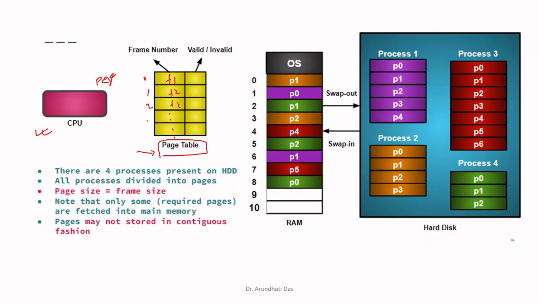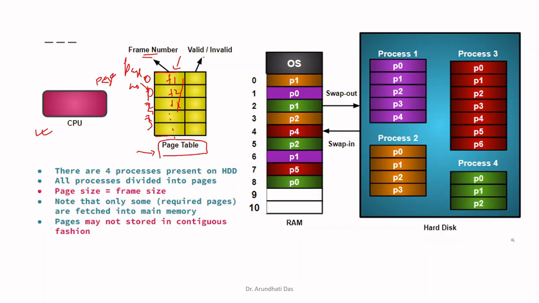As we have discussed in paging, this is the structure of a page table, right? Here the indexes 0, 1, 2, 3 are the page numbers, and then the second column is the frame number, right?